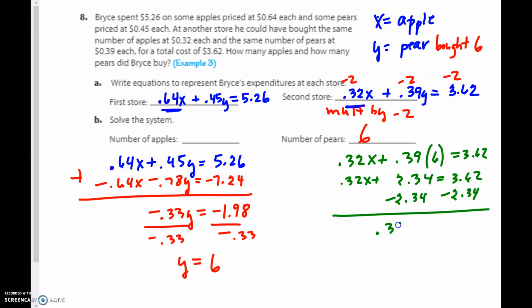So I get 0.32x equals $1.28, which is 3.62 minus 2.34. Then I divide by 32 cents on each side, and I get X equals 4.